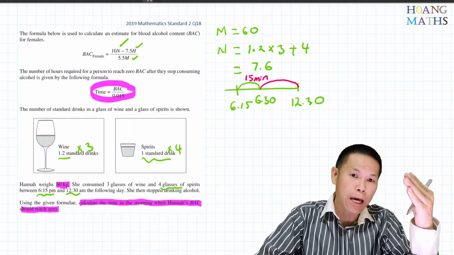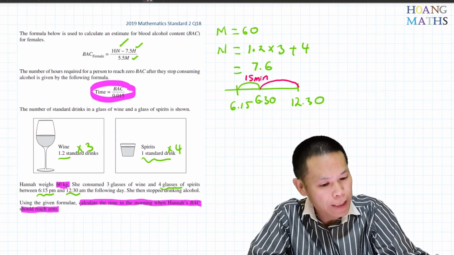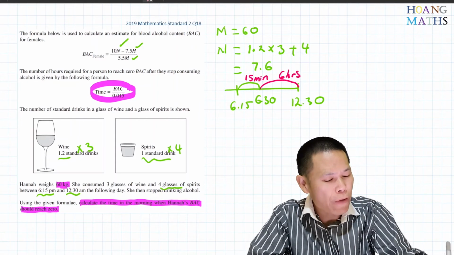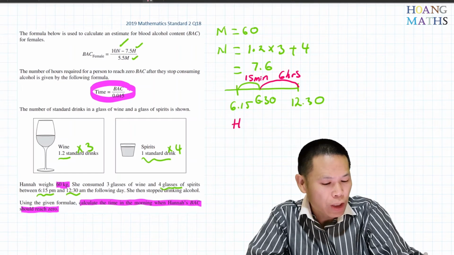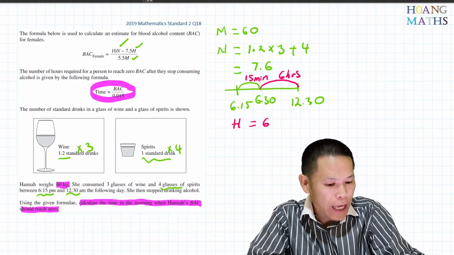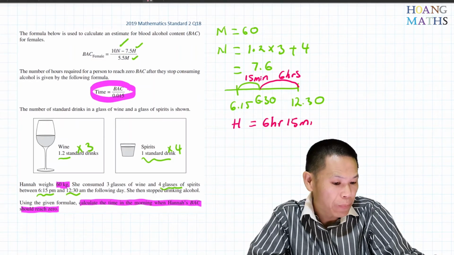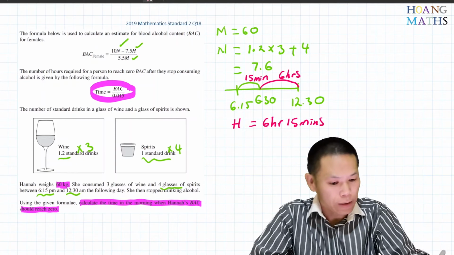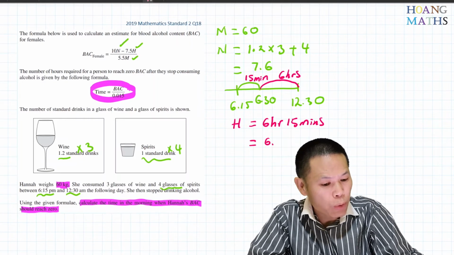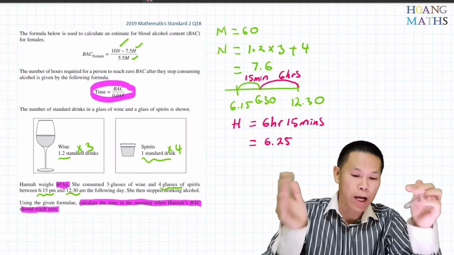In other words, from 6:30 to 12:30, it's 6 hours. So the height, the number of hours she drinks, is 6 hours and 15 minutes. So that is equal to 6.25, because 6 and a quarter.